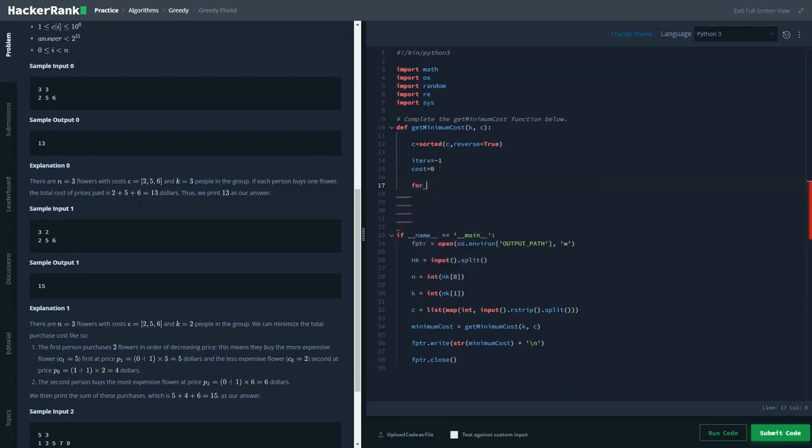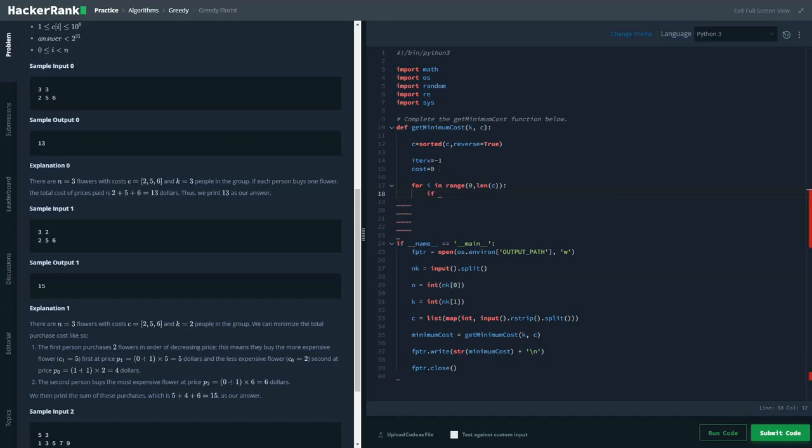We will create a loop for i in range, looping over the list of the flowers, so it would be 0 to length of C. If i percentage k equals 0, meaning all of the customers have already purchased once, then we'll be incrementing our iter by 1.